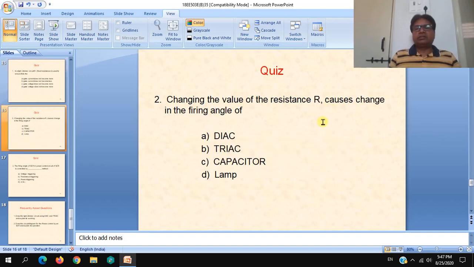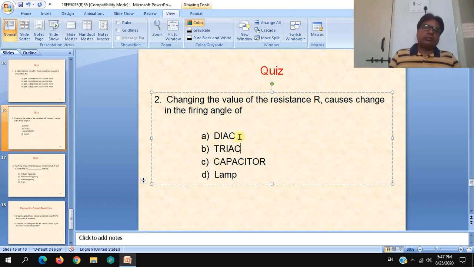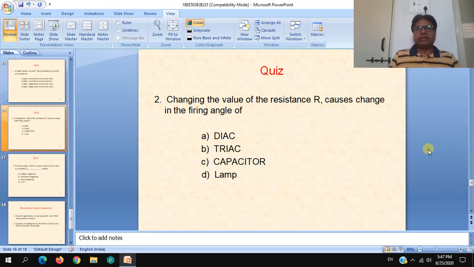Changing the value of the resistance R causes a change in the firing angle, that is, the variable resistance for resistance triggering the firing angle of the triac. In this combination, it is the triac. For the diac, capacitor and lamp, no firing angle is there. Triac firing angle is changed.